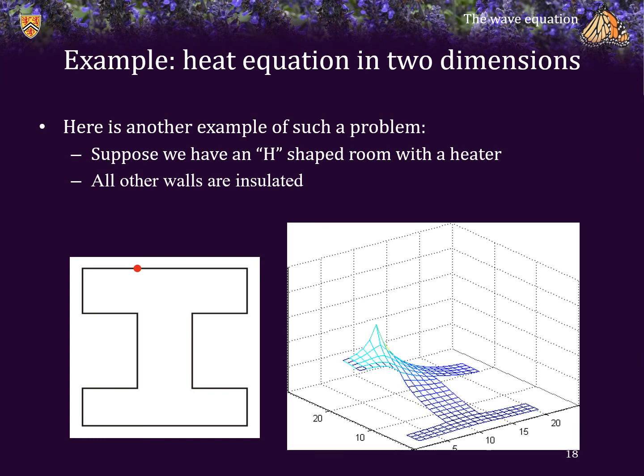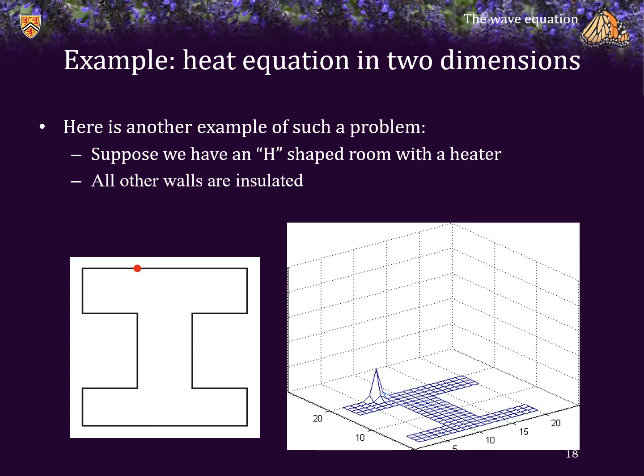That's what we're seeing in the animation on the right-hand side. You can see how the room is indeed getting warmer, first initially closer to the source of heat, and later you can see the heat is traveling down the hallway and heating up the balance of the room.